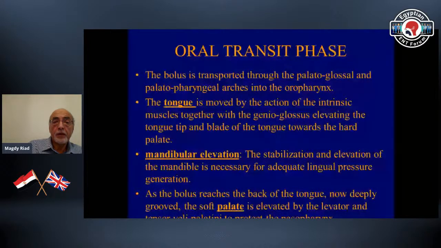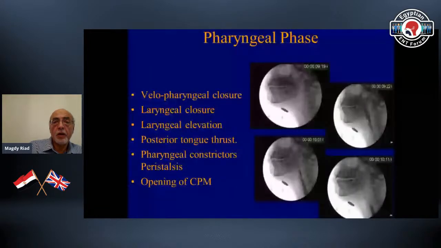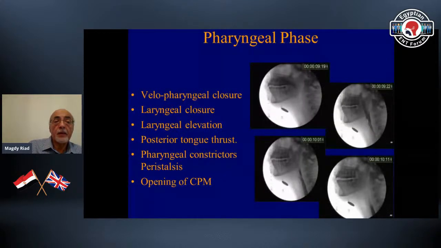But this is what matters. This is how aspiration happens in this phase. These are the 6 things that should happen in less than 1 second. Now, you see here that the bolus had reached the first layer of the hypopharynx at 0.9 seconds, and it finishes up at 10 seconds.